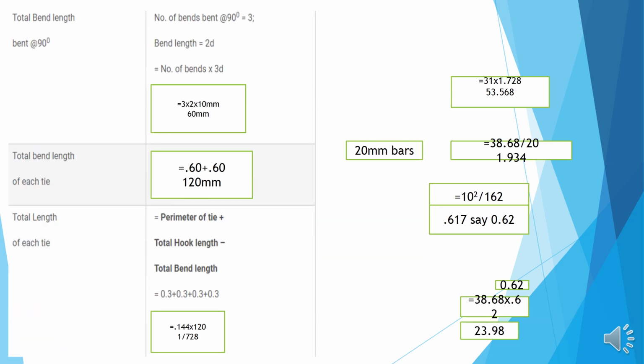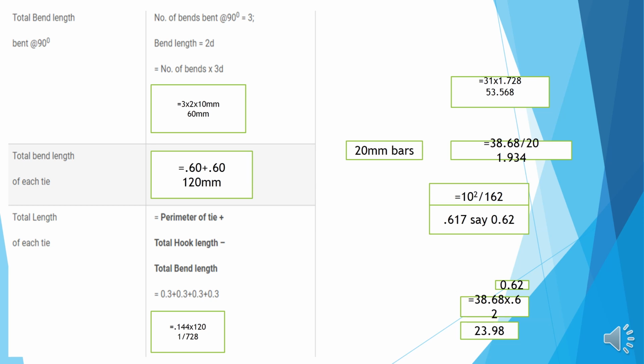Now, let us come to the 90 degree bends. Number of bends at 90 degrees is equal to 3, bend length is equal to 2 dia, so 3 into 2 into 10 is equal to 60 mm. Total bend length of each tie, 60 plus 60 is equal to 120 millimeter.